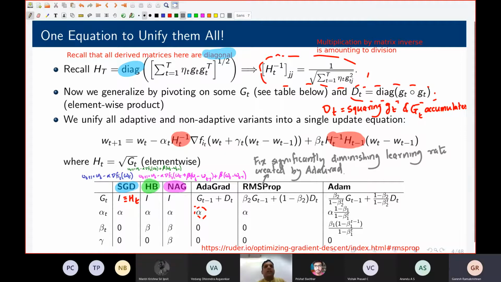So it said that I won't just keep adding the DTs to GT minus 1. I'll add this convex combination, the beta 2. Some beta 2 has been introduced, a convex combination. So that's the slight change. Otherwise, it's pretty much the same as AdaGrad.